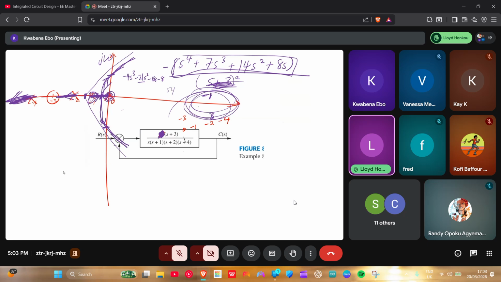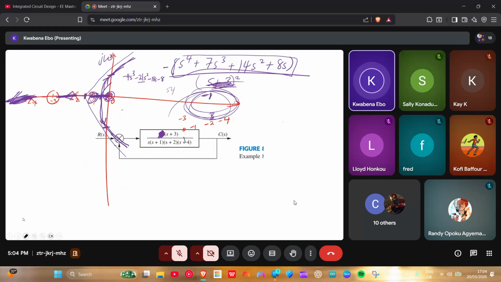Thank you. Okay. So there's also finding where the line cuts the JW axis. Now, if you take note, when we were learning stability, we said when something comes to the right half of the plane, it becomes unstable. So finding where this thing hits the JW axis, you are basically finding the values of stability of the graph.